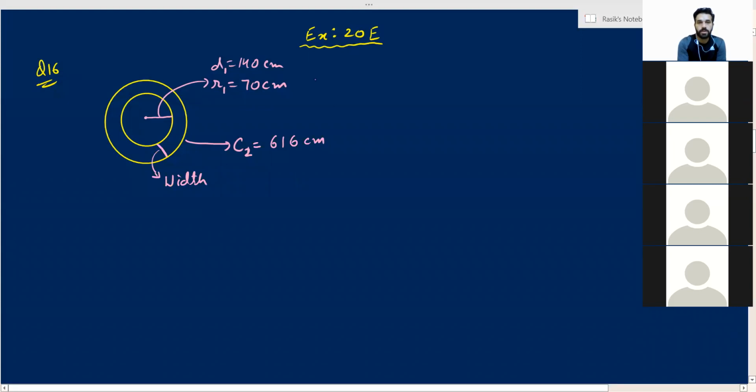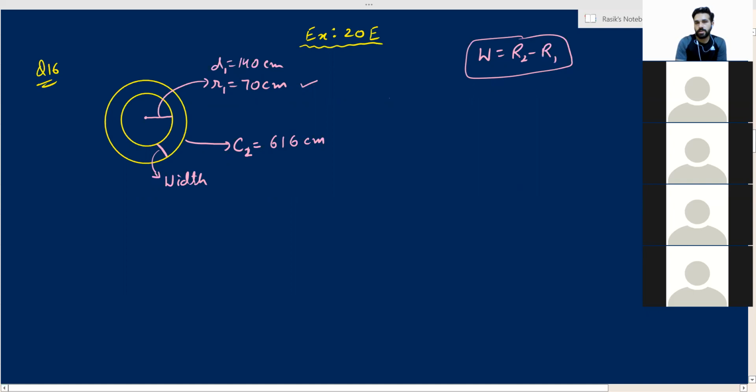Let us start. In this question, to find the width, we know that the width is equal to outer radius minus inner radius. We need the outer radius because the inner radius is already given. We already know R1 is 70. We only need R2.